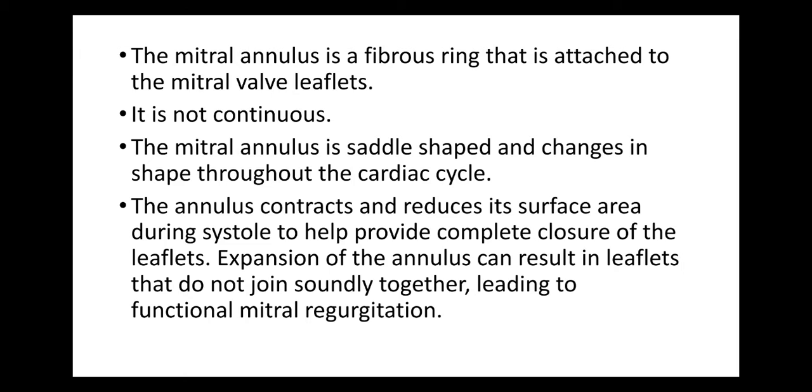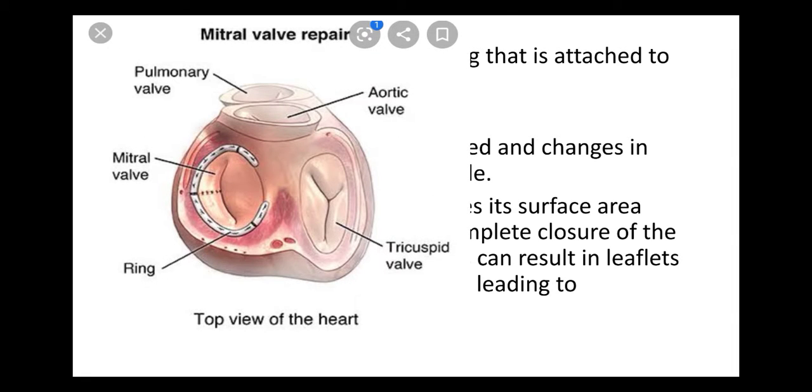Expansion of the annulus can result in leaflets that do not join soundly together, and this can lead to functional mitral regurgitation. That is the annulus, like a C, but you will observe it is not a complete ring. And here there is a connection.